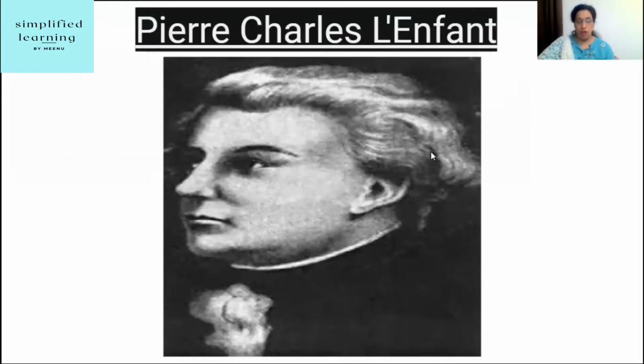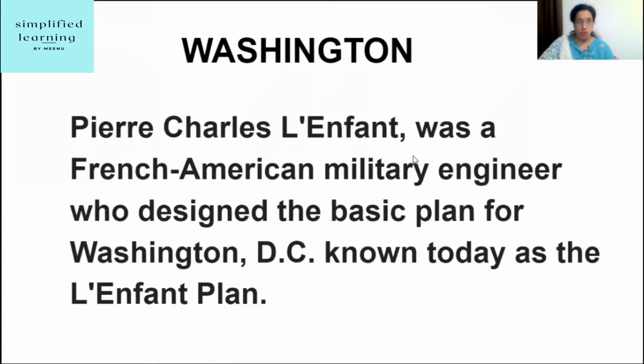The plan for Washington City was prepared by the architect Pierre Charles L'Enfant for the first president of the USA, George Washington. Pierre Charles L'Enfant was a French-American military engineer who designed the basic plan for Washington, D.C., known today as the L'Enfant Plan.